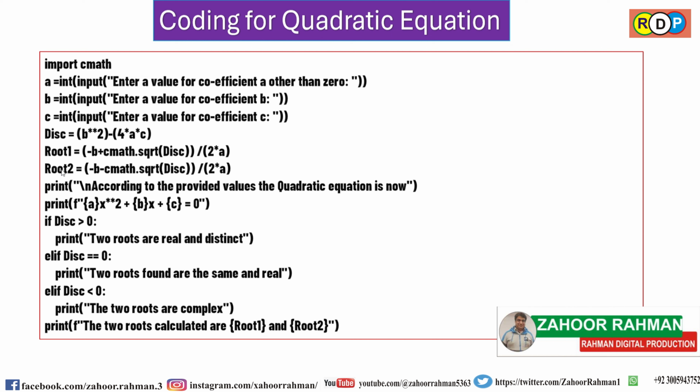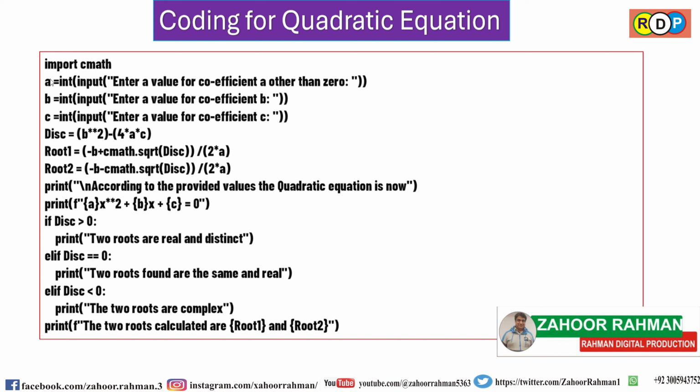Similarly, root 2 only differs by the minus from the first one. This is plus 1 and this is minus 1, and whatever result is evaluated will be stored inside root number 2.